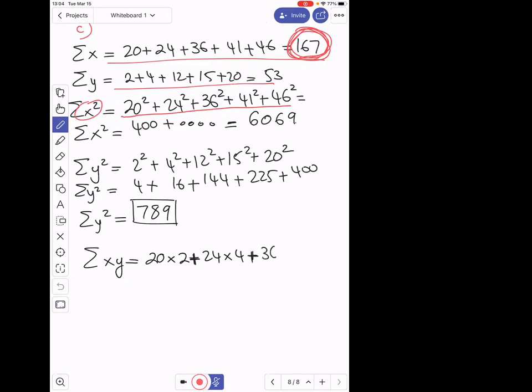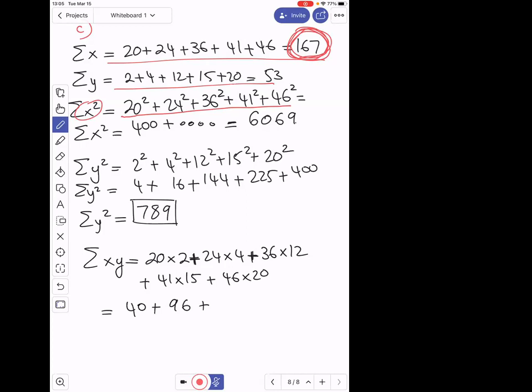Next x is 36 by 12. Next x is 41 by 15. And then the next x is 46 by 20. So you do the multiplication first. 20 times 2, that's 40. 24 times 4, that's 96.